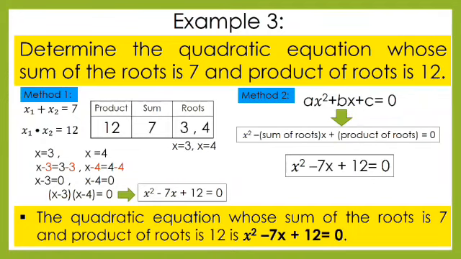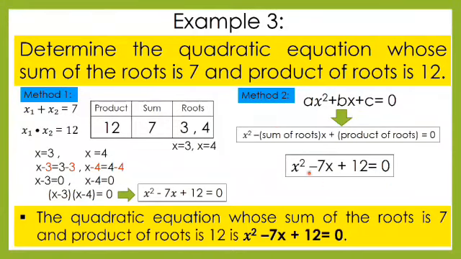We now have x squared minus sum of roots, which is 7, so we have 7 minus 7x plus the product of roots, which is 12. So we have plus 12 equals 0.